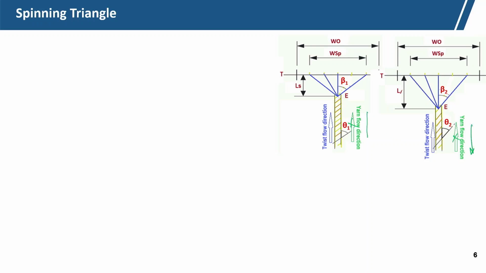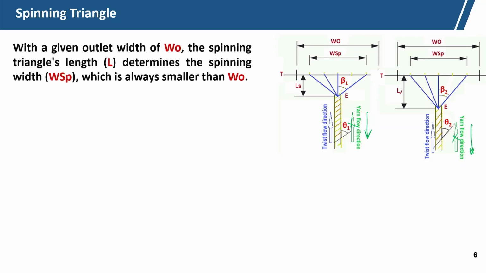Yarn flow direction. With a given outlet width W0, the spinning triangle length L determines the spinning width, that is WSP, which is always smaller than W0.